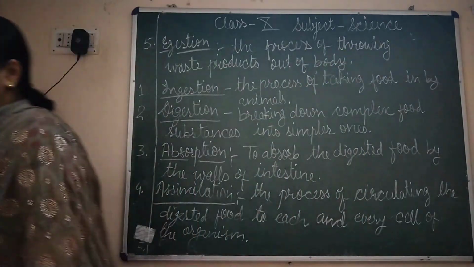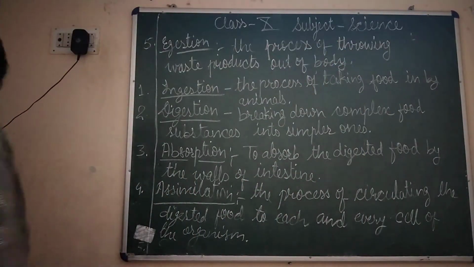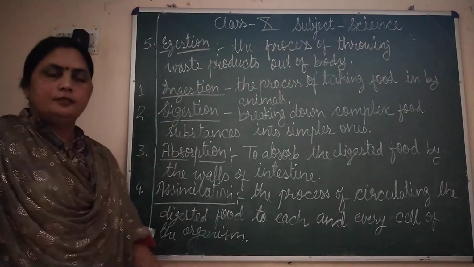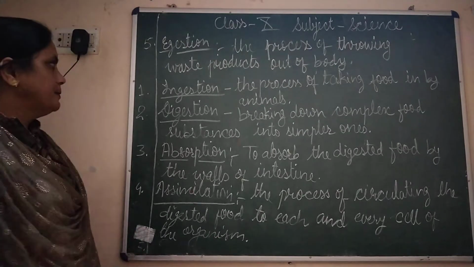This is called digestion. So children, these are the 5 steps of nutrition in animals.